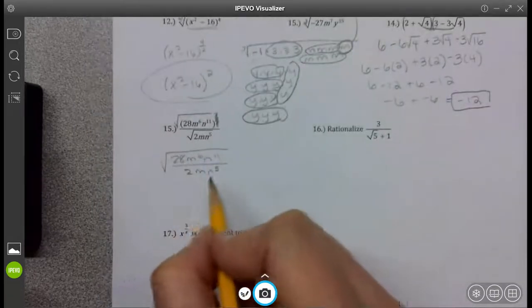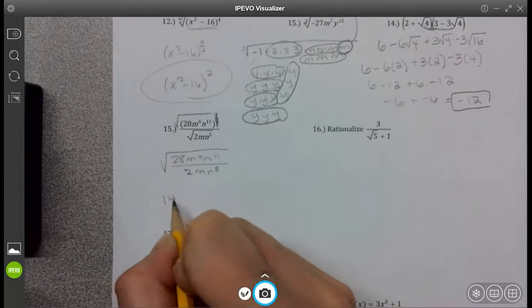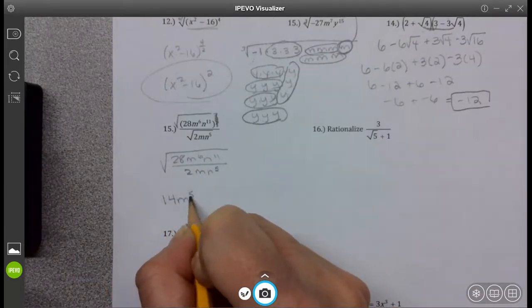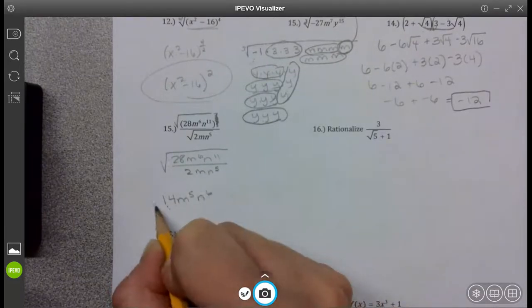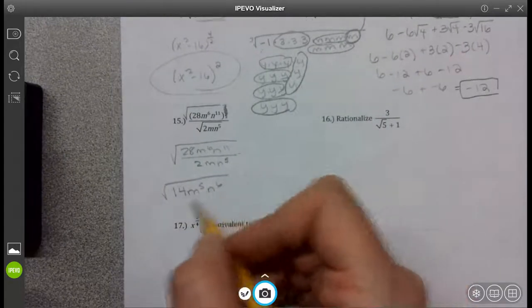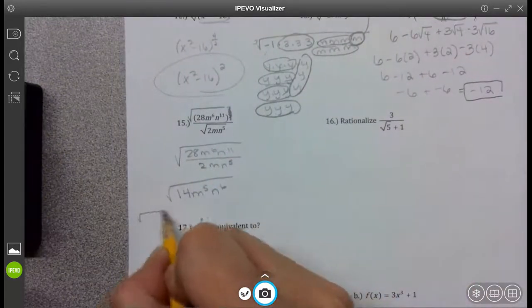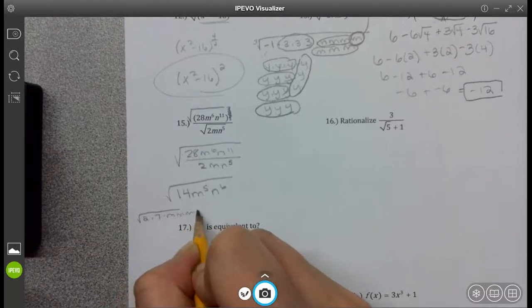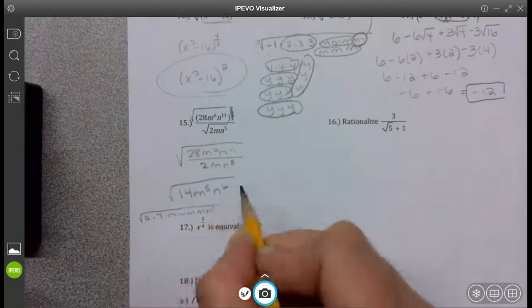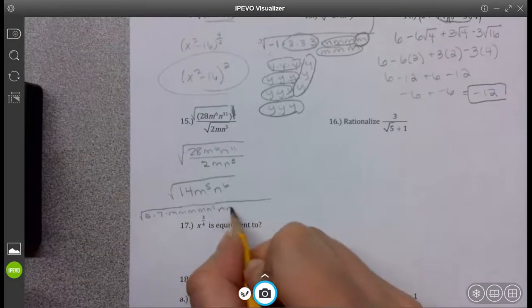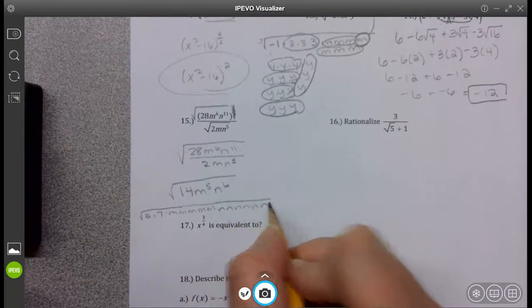So we can clean up the inside first and make it a 14, an m to the 5th, and an n to the 6th. And when you do that, you're going to get 2, 7, 1, 2, 3, 4, 5, 1, 2, 3, 4, 5, 6.